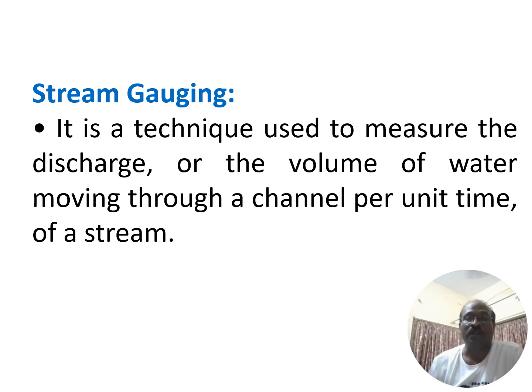So what is flowing through the channel, you measure at a particular point. Or we can say the height of water in the stream channel, known as the stage or gauge height, can be used to determine the discharge in a stream. Stream flow represents the runoff phase of the hydrologic cycle.